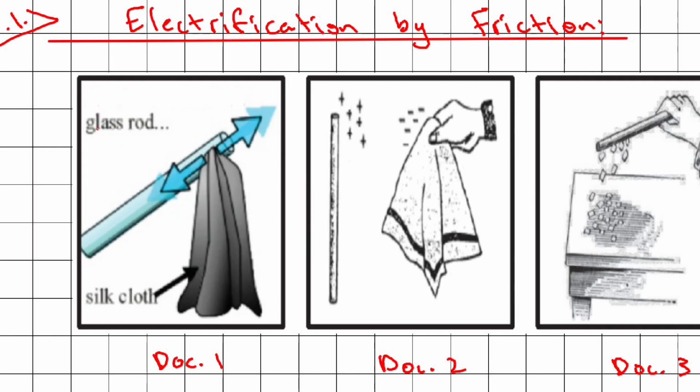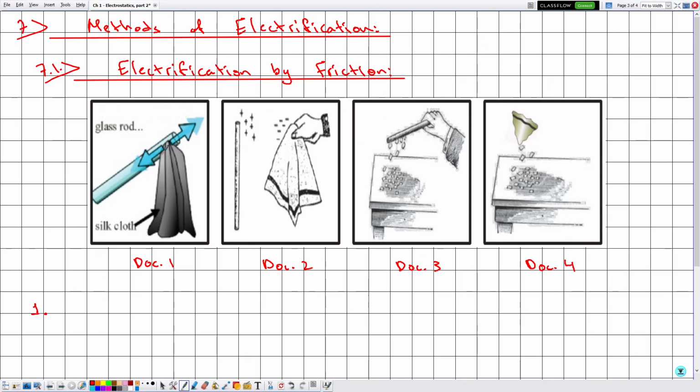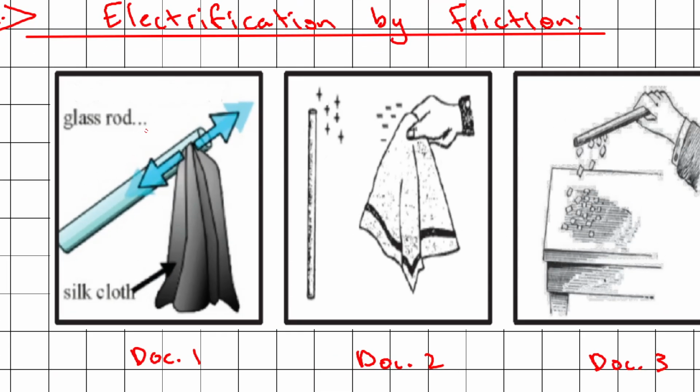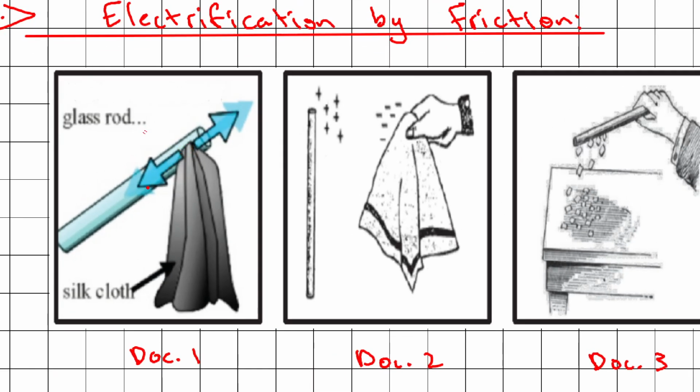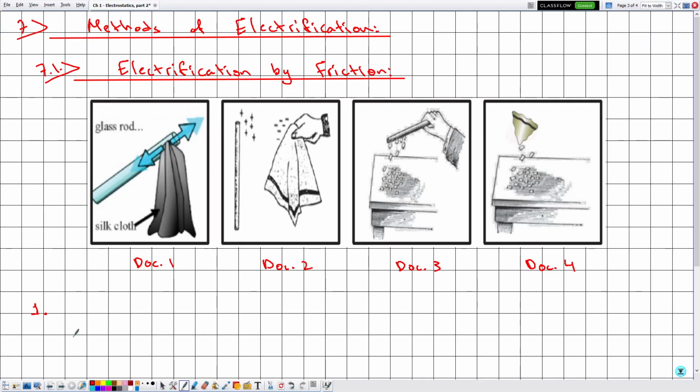One is a glass rod, and another is the silk cloth. What we're going to do, as these arrows indicate, is rub them together at this specific location for a certain period of time.